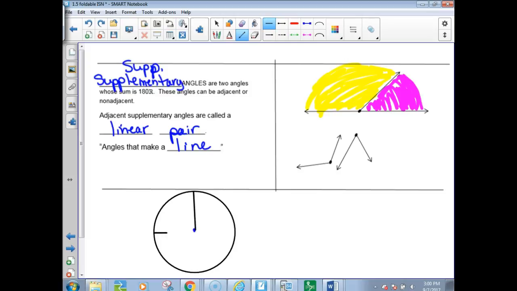What if you went only halfway? Because 360 divided by 2 is 180. That's why a straight line is 180. It's just like a diameter, okay? I thought this might help you remember how many degrees are in a straight line.